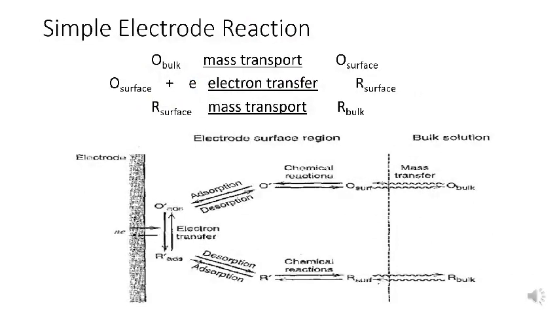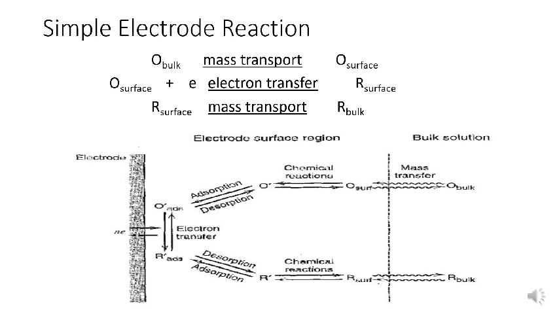Okay, let's have a look at the mechanism of the electrochemical reaction that occurs at the electrode surface. This slide shows the mechanism involving mass transfer as well as electron transfer. This O, capital letter O, represents the oxidized form or species in bulk.